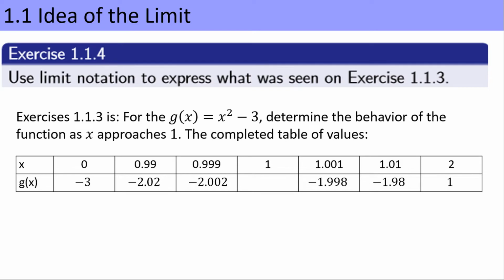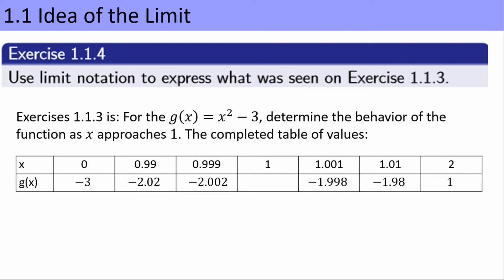Exercise 1.1.4. Use limit notation to express what was seen in exercise 1.1.3. Exercise 1.1.3 stated, for the function g of x equals x squared minus 3, determine the behavior of the function as x approaches 1. And I've provided the completed table of values we earlier obtained.